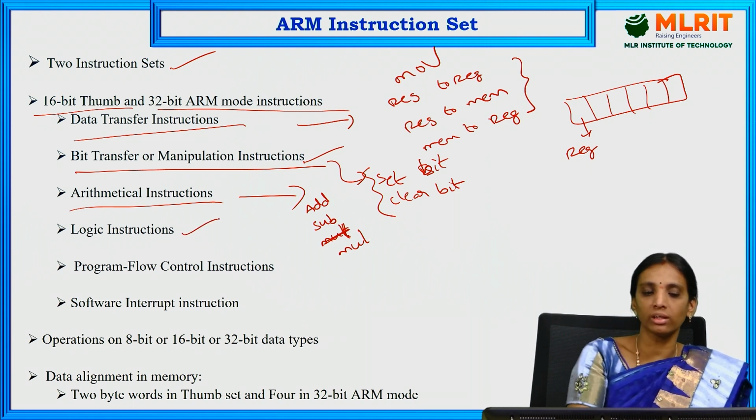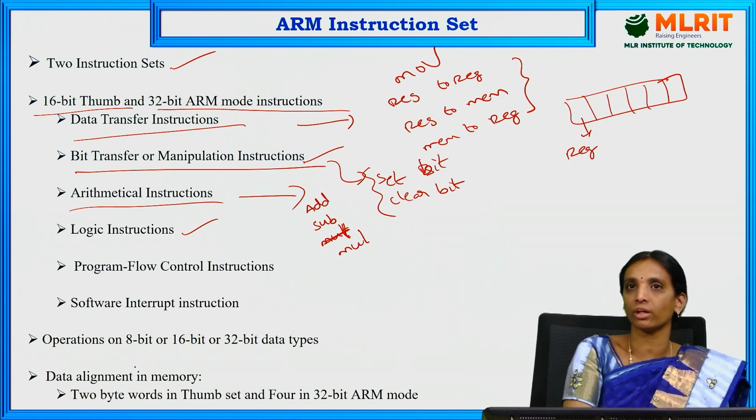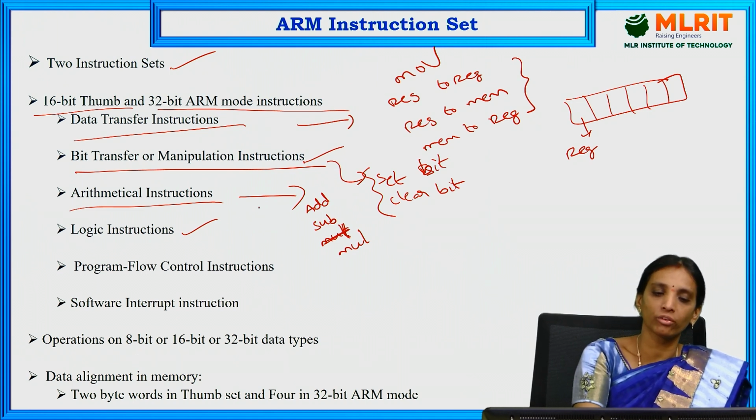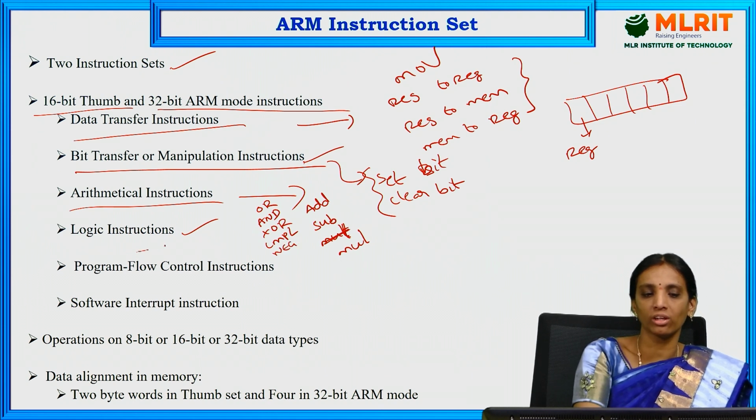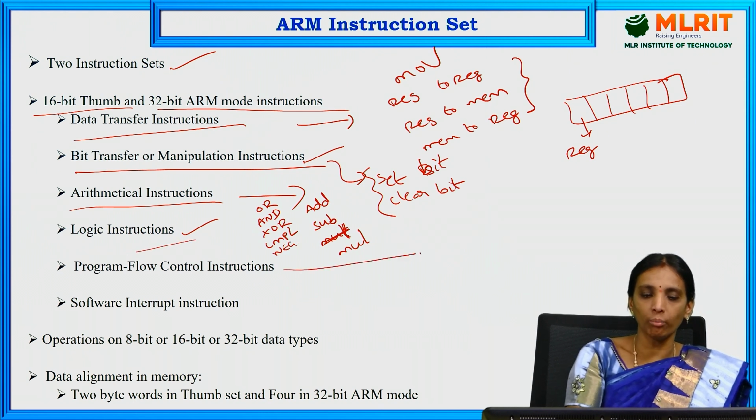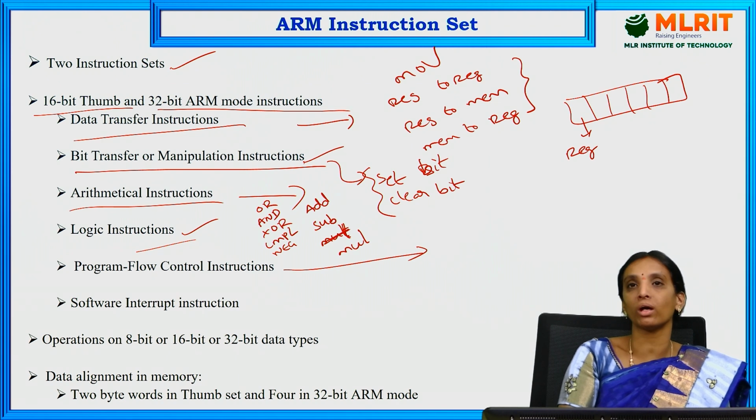And next, logical instructions. Logical instructions are used for performing logical operations, such as OR operation, AND operation, XOR, complement and negate. These are the logical instructions. And program flow control instructions.